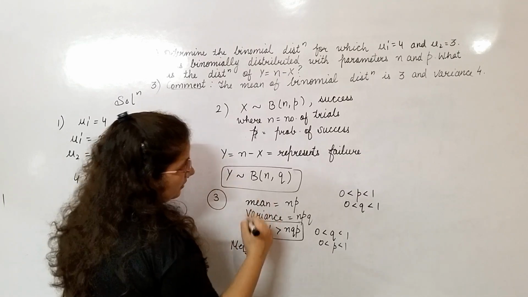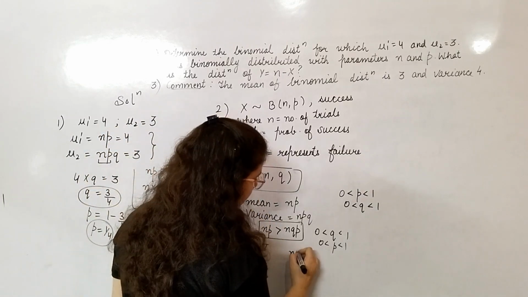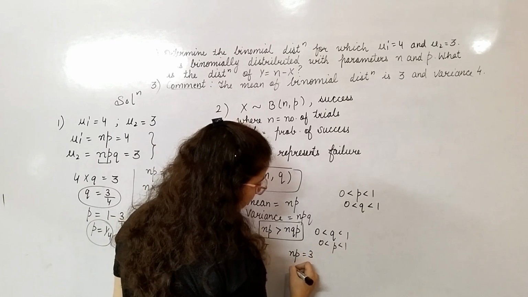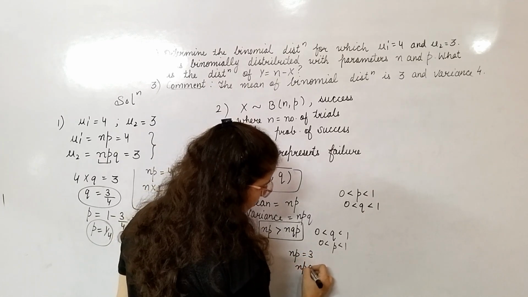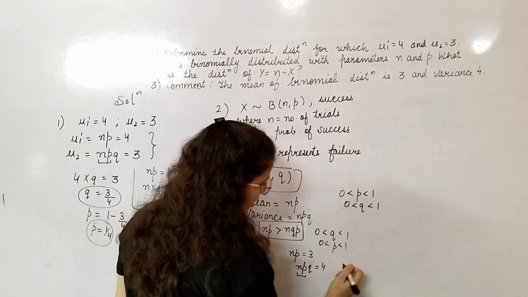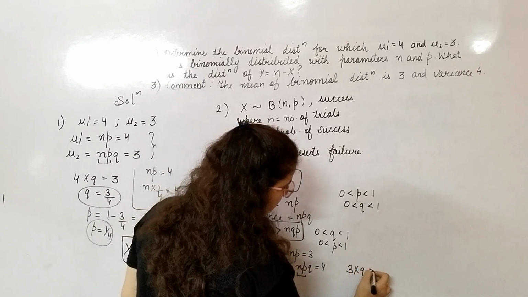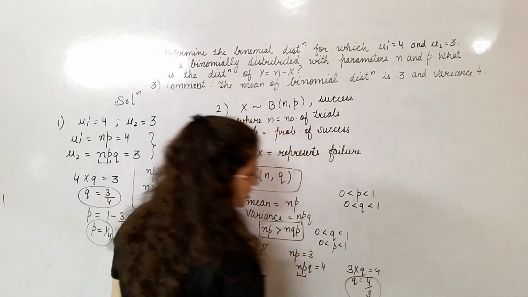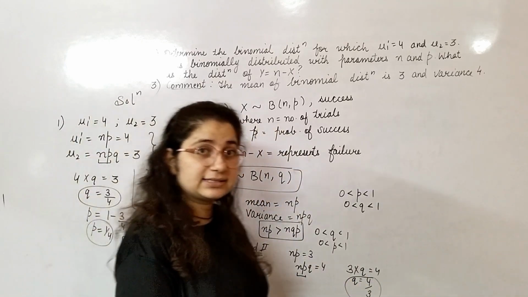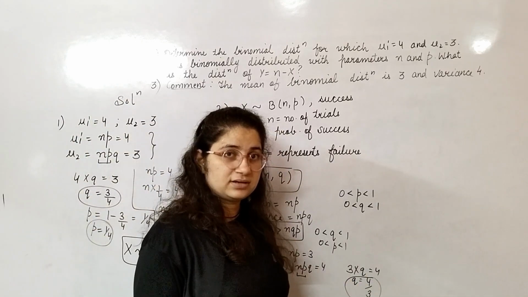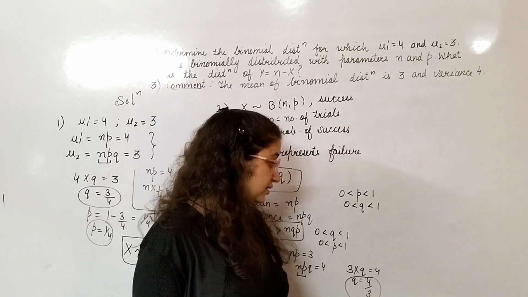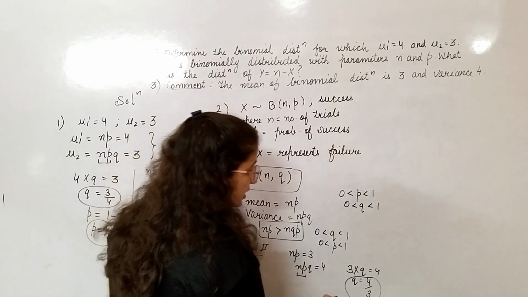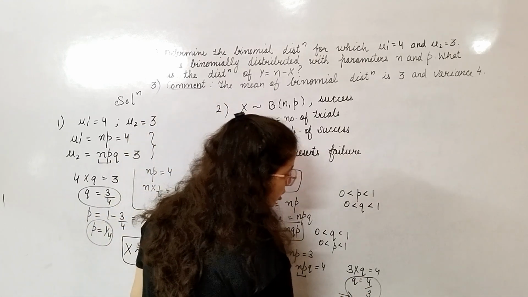The second method: mean np is equal to 3 and variance npq is equal to 4. Put 3 here, we will get 3 into q is equal to 4, so q is equal to 4 by 3. Q represents a probability. Can it exceed 1? No, it can't exceed 1. So here is a contradiction, so this is not possible.